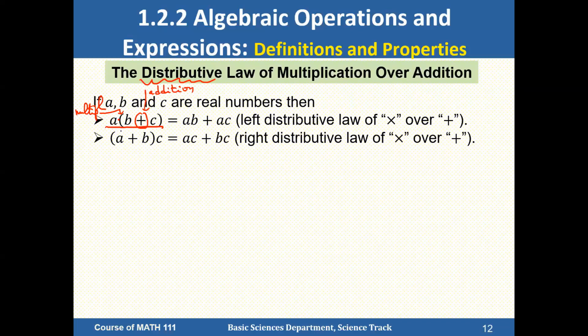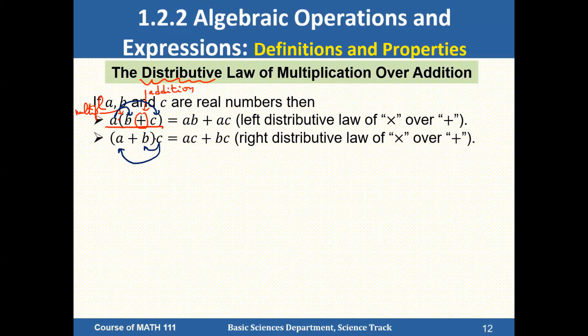I can remove parentheses. كيف؟ لازم أوزع ال A على كل اللي داخل. هنا عندنا بلاس داخل القوس، multiplication outside. So I can remove the parentheses by distributing C على all terms inside the parentheses.